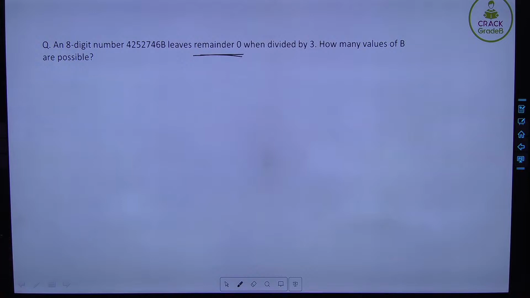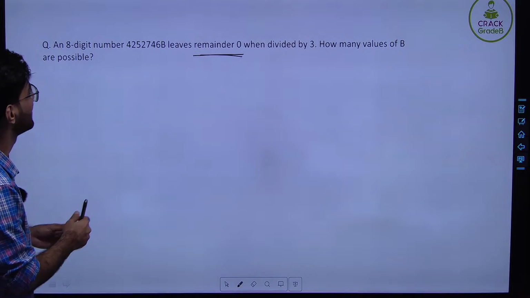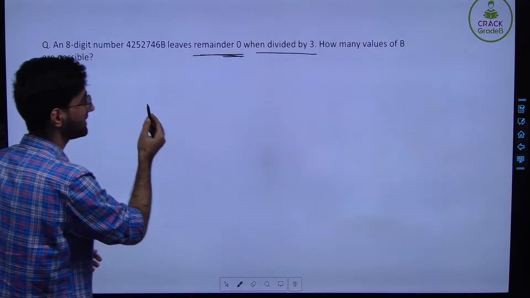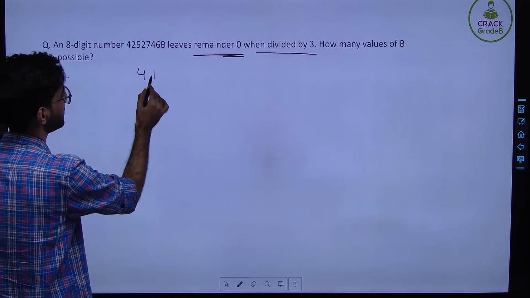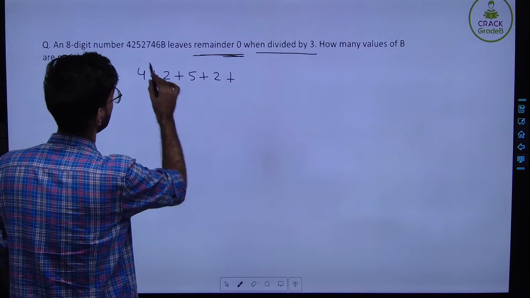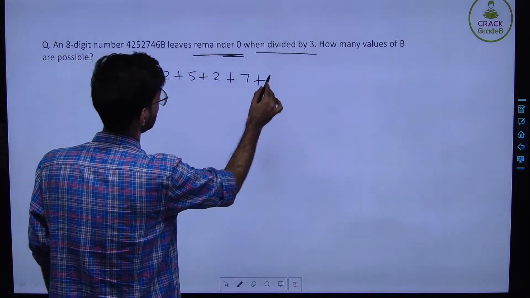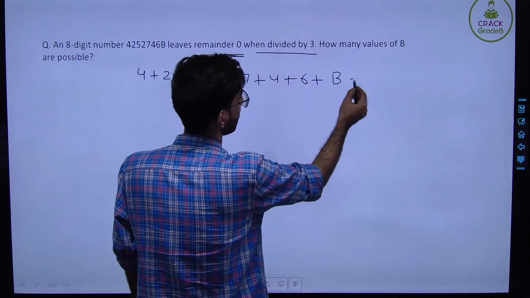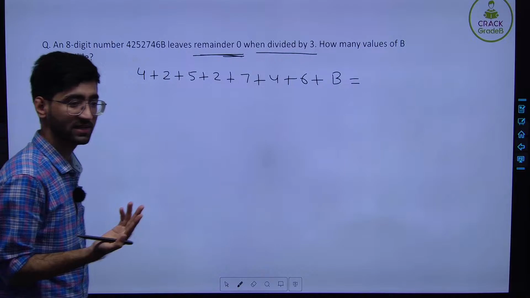Okay, let us start solving this question. See, leaves remainder 0 when divided by 3 means what? 4 plus 2 plus 5 plus 2 plus 7 plus 4 plus 6 plus b, obviously this value is divisible by 3, right?